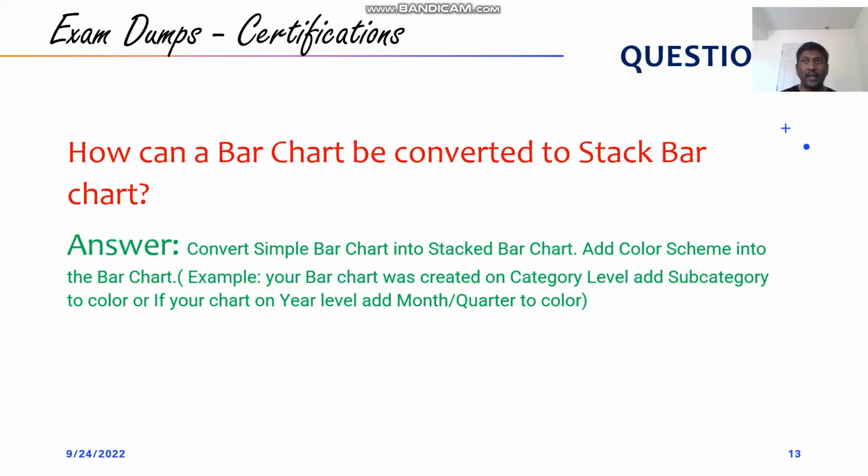If you would like to make a stacked bar chart, add subcategory into the colors level. Then automatically your bar chart will be converted into a stacked bar chart with multiple subcategories, showing how they performed across that month or quarter of the year.